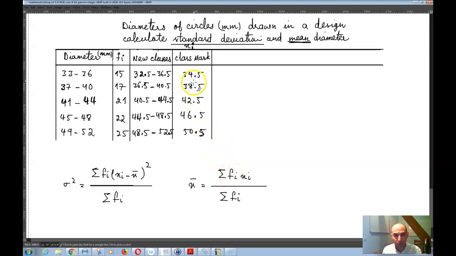The other thing that you can do is use the formula x bar equal to a plus sigma f of i d of i divided by sigma f of i, which is the assumed mean method, to find the average of all of your x of i's.